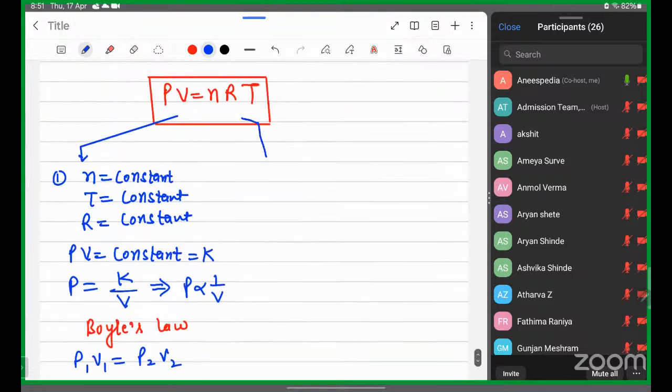Now we can define the second law also. In that case, we again have n as constant. This time we are taking P as constant. R is constant by itself.